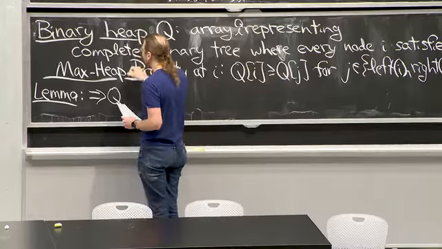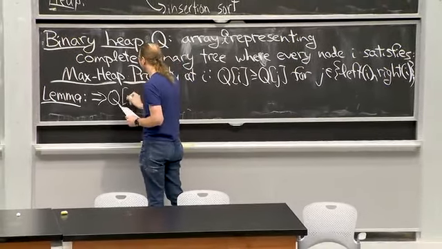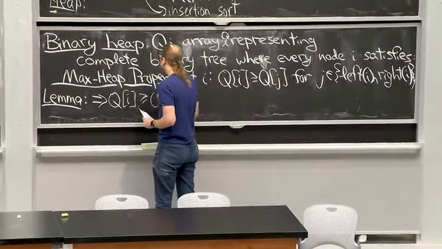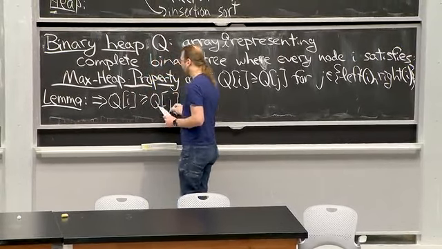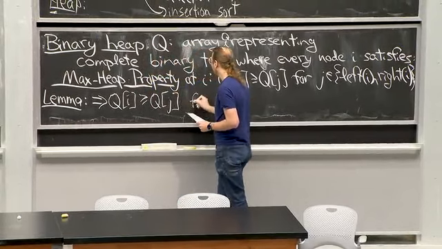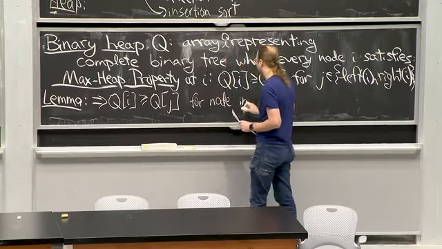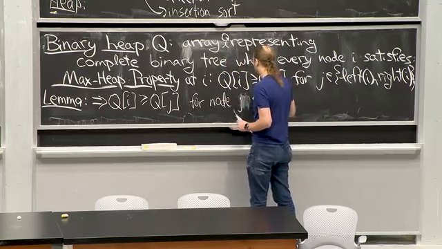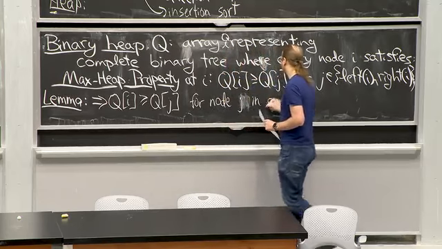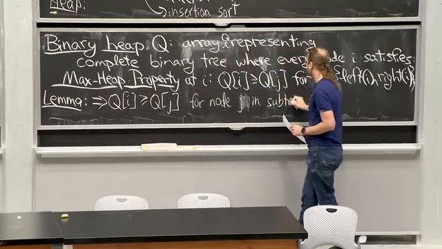If you are a binary heap, if you satisfy this max heap property everywhere, then in fact every node i is greater than or equal to all nodes in its subtree. These are what we call descendants in the subtree of i.